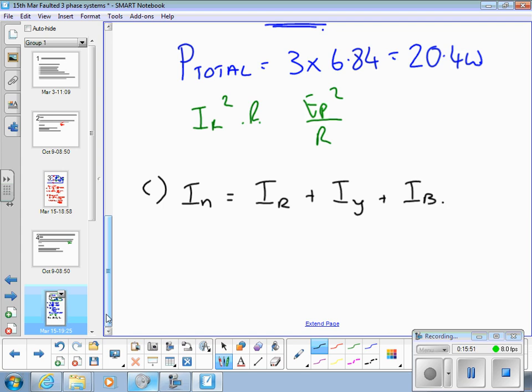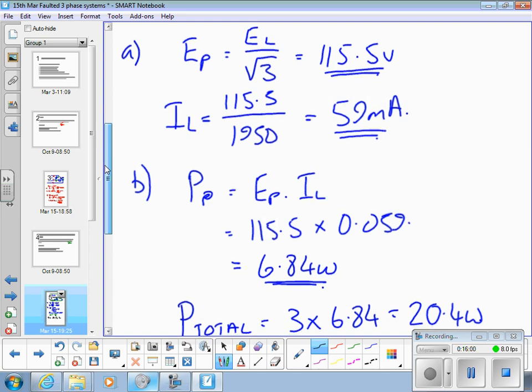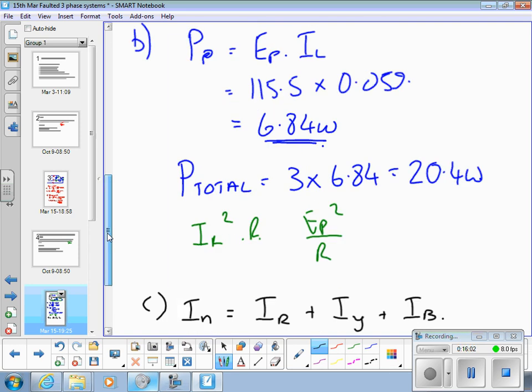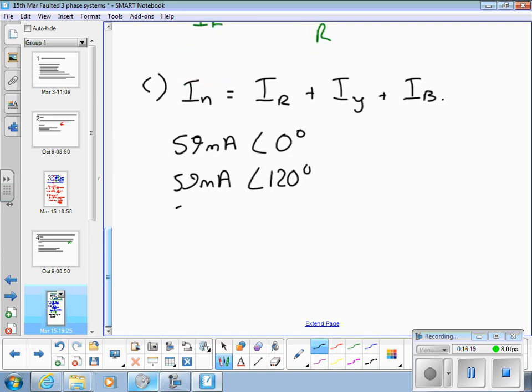They're all equal, but they've each got a different phase angle. So according to your figures, we've got 59 milliamps per phase. That's 59 milliamps angle 0 degrees, 59 milliamps angle 120 degrees, 59 milliamps angle minus 120.